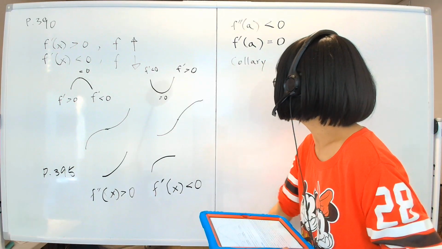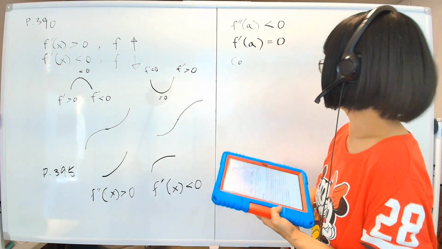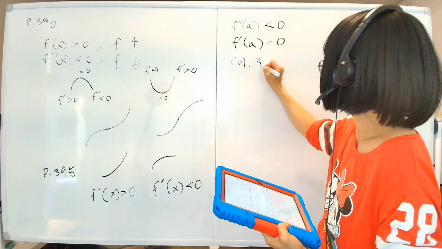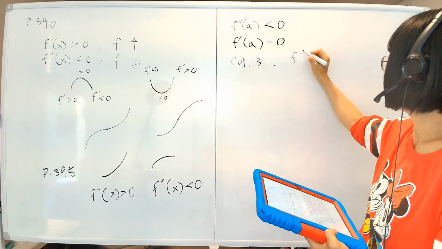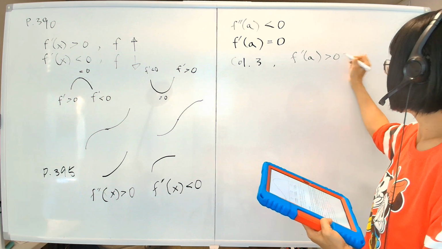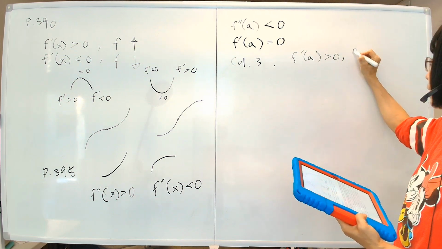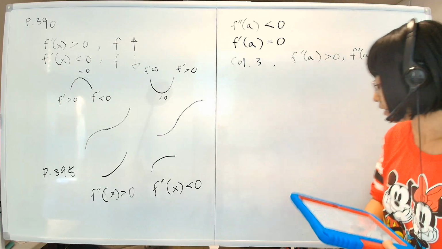By corollary 3, that means f prime goes from bigger than 0 to f prime equals 0 at a.